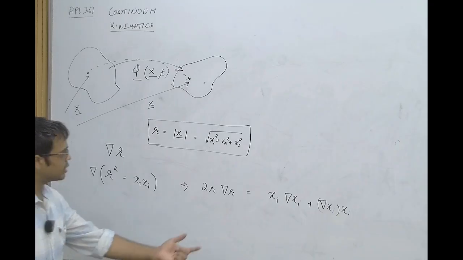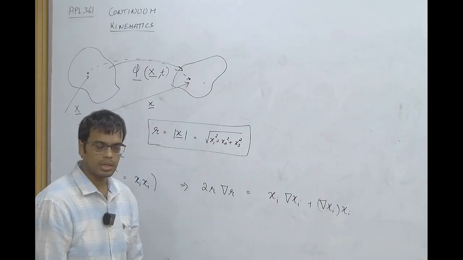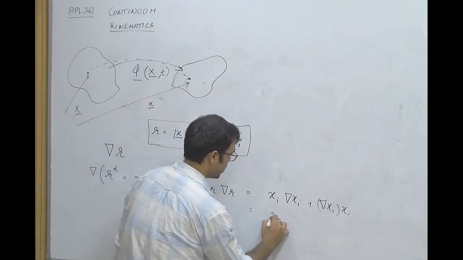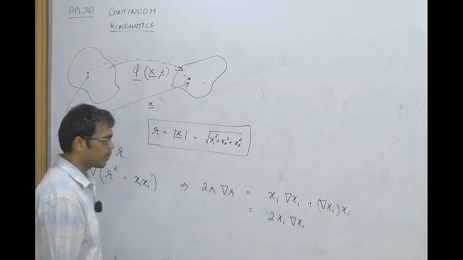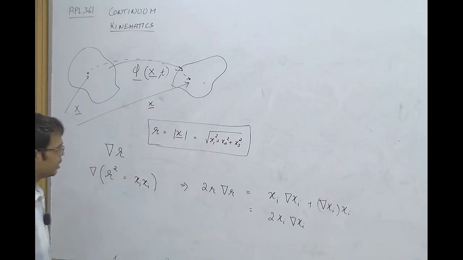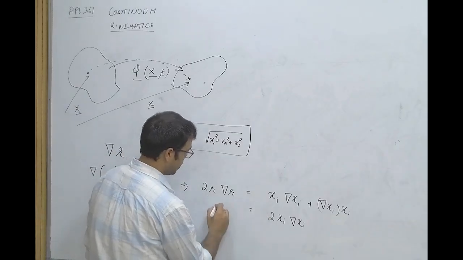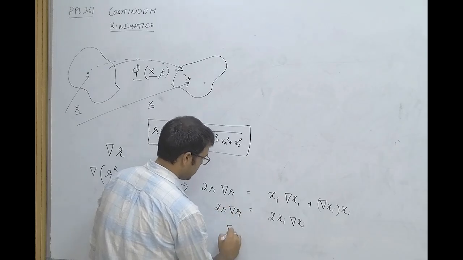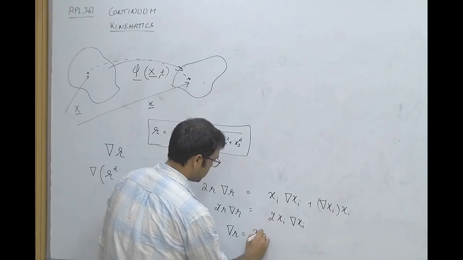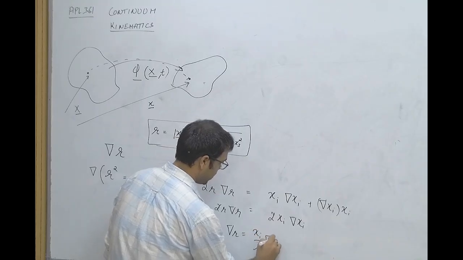Now these are scalar times vector, so things can commute. So this is essentially 2 times xi grad of xi, and this is 2 times R grad R. So from here you can say that grad R is going to be xi over R times grad of xi.